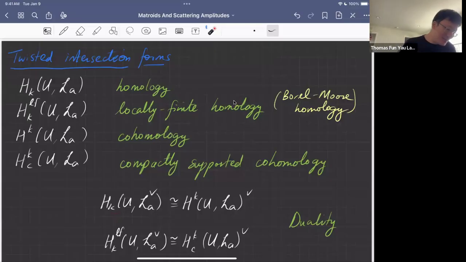Locally finite homology means you allow chains that go off to infinity, but in a locally finite way. So you don't concentrate at any point of your space, but you do allow infinite sums of one chains. Homology and cohomology are dual, but you have to take your local system and switch it to the dual one when you do this.